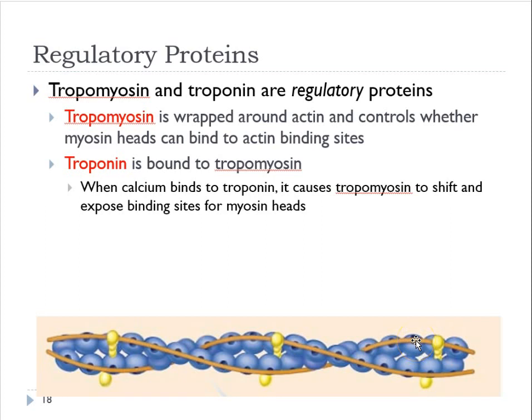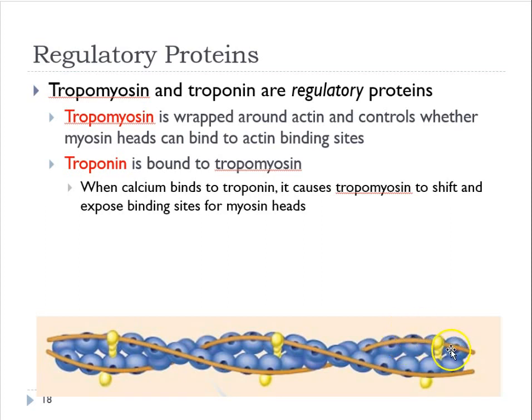Well, they're blocked right now, which means that with the tropomyosin right here, there's no way that the muscle could crawl across this structure. So if we want to make it so this muscle doesn't move, we're going to leave this filament in place. But if we need to get this muscle to move, we have to move this cord out of the way. It's almost like a safety feature.